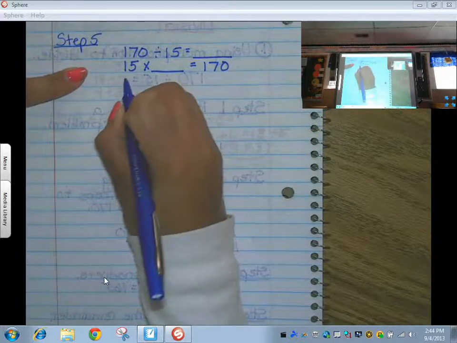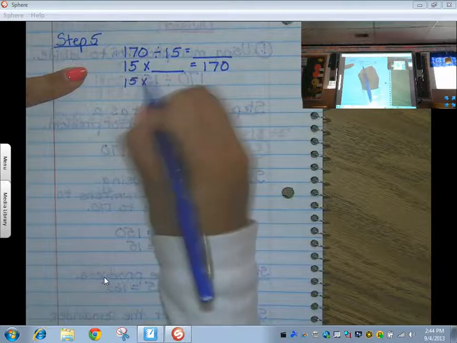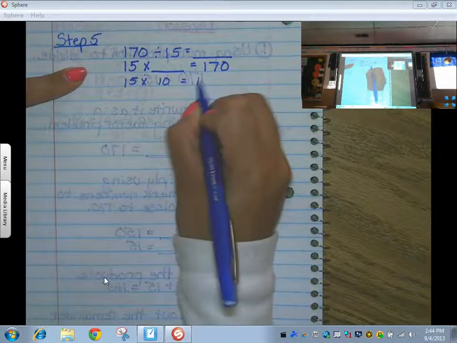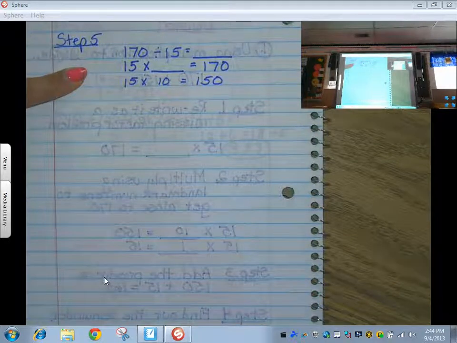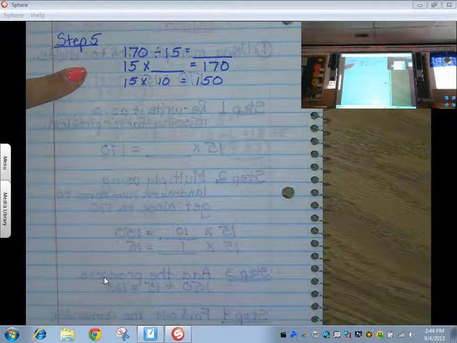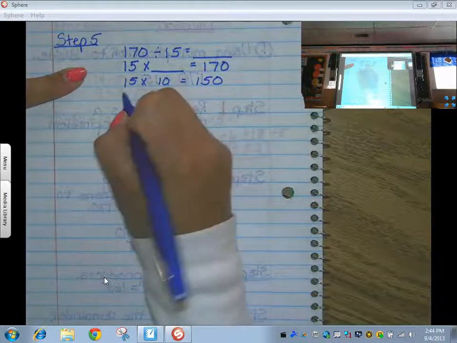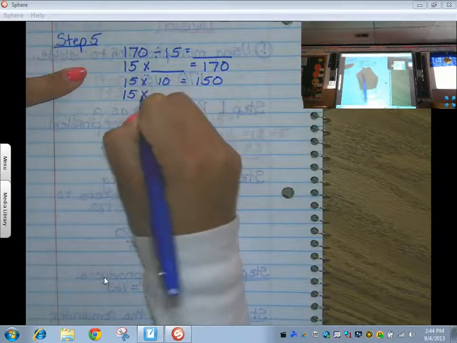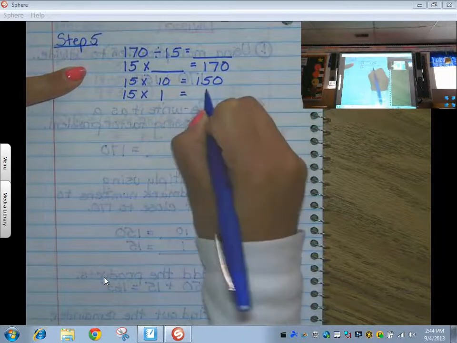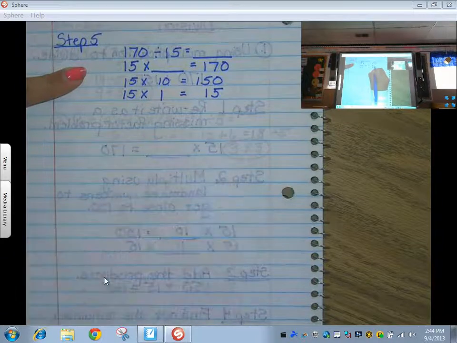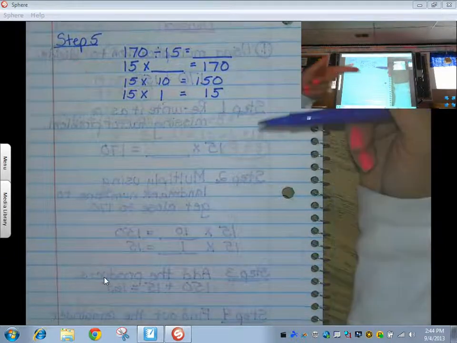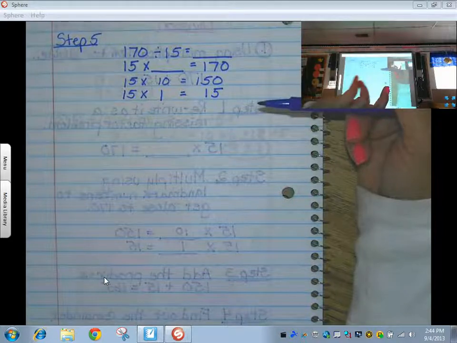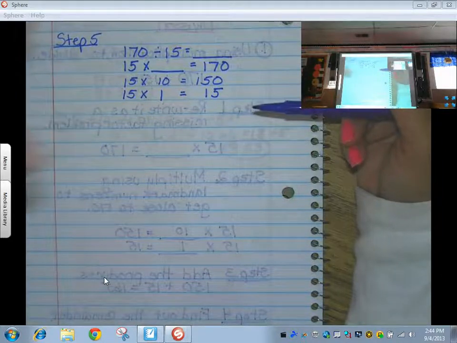Then we can just add it right there, and we don't have to rewrite it. But we need to make sure our places are lined up, right? Okay, so then we added these up, and what was 150 plus 15, everybody? 165. Very good. We knew that was 165, which was very close to 170. As a matter of fact, we figured out that it was 5 away, right?